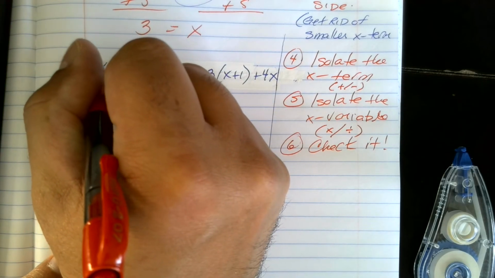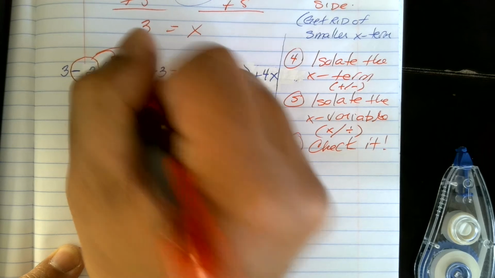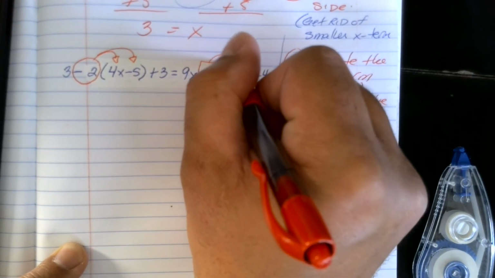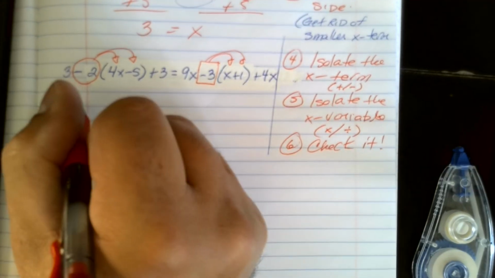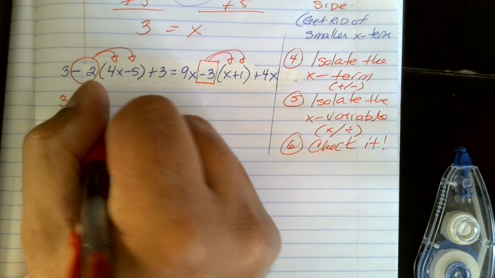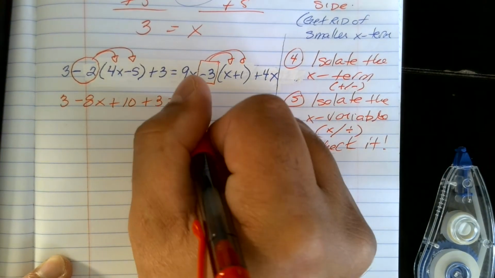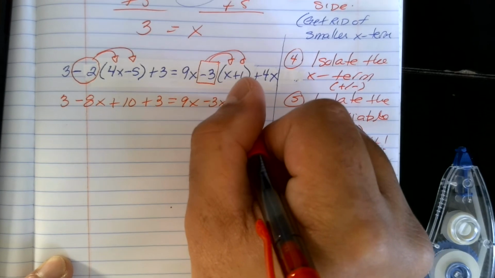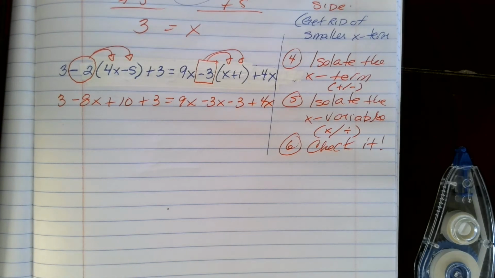So I take what's on the outside of my parentheses and I multiply it to the terms inside the parentheses. So that would leave me with 3 minus 8x plus 10. And over here I'm going to have negative 3x minus 3 plus 4x.